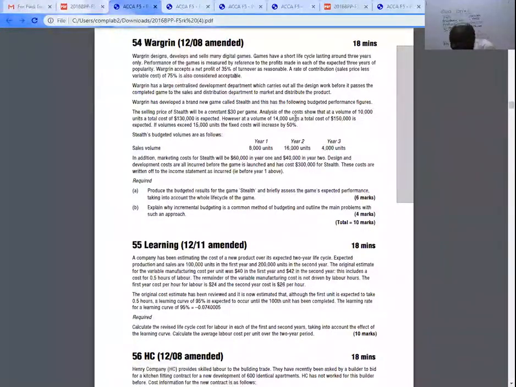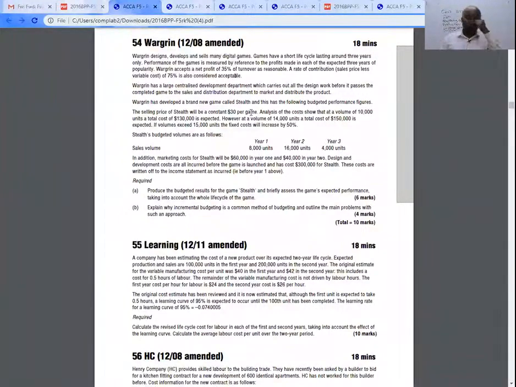So what this person has done is give me two activity levels. Whenever he gives me two activity levels, what does he expect me to do? To use the high-low method to decompose the total cost into variable versus fixed cost.